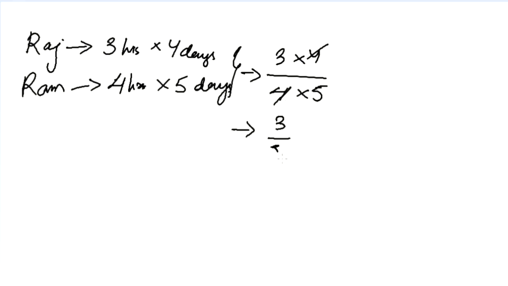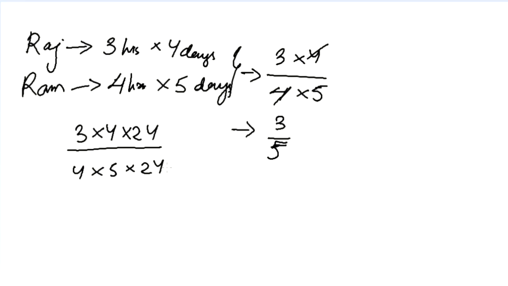So the answer is 3:5. Simple as that. Like I said, in the proper way, you can write 3 into 4 into 24, that makes an equal unit, but 24 is the same, so I can cut that. That's a waste of time if you understand it. Just write 3 into 4 by 4 into 5.